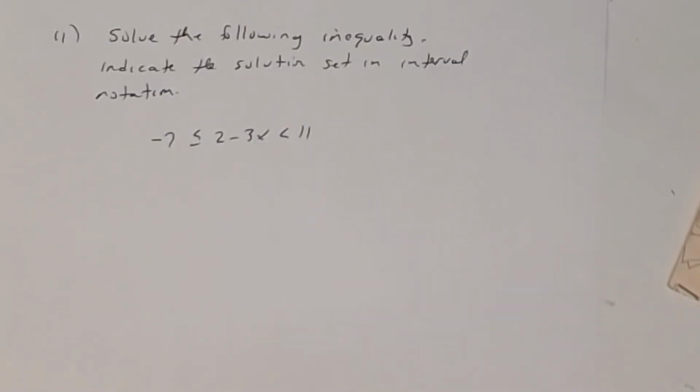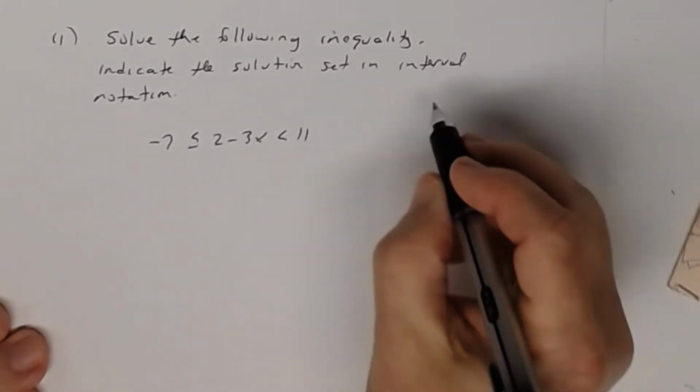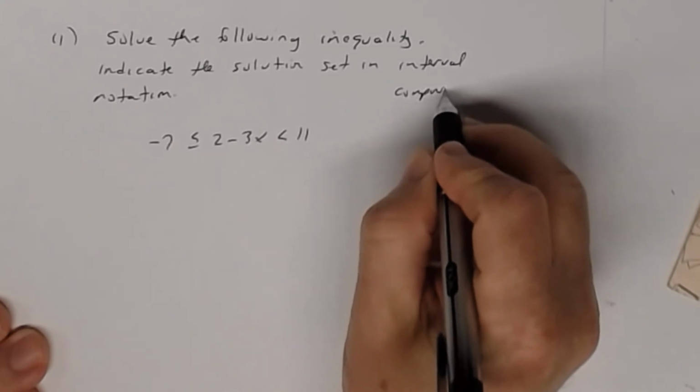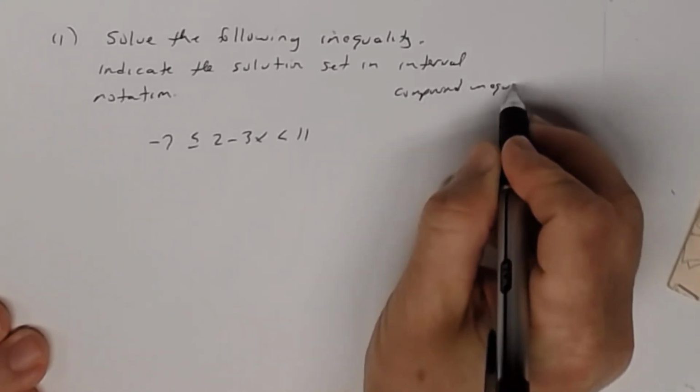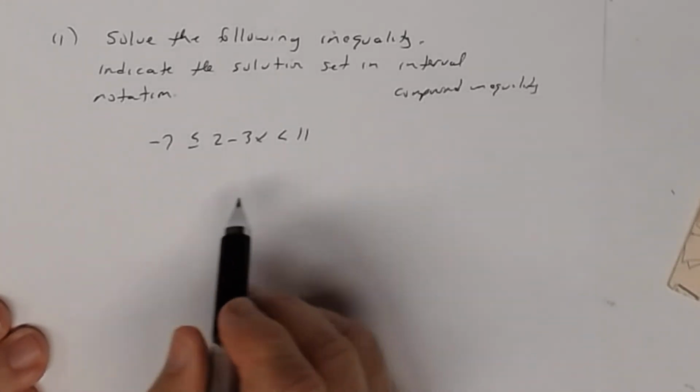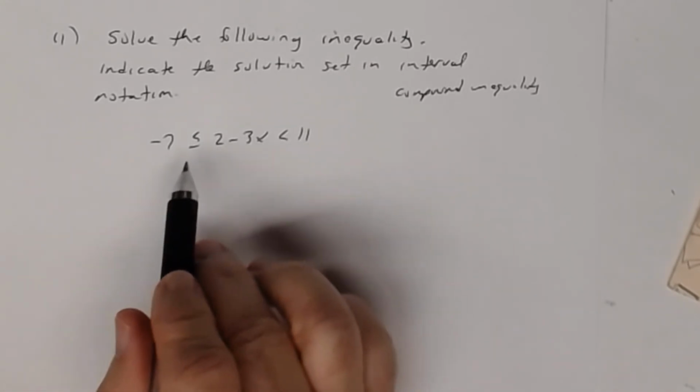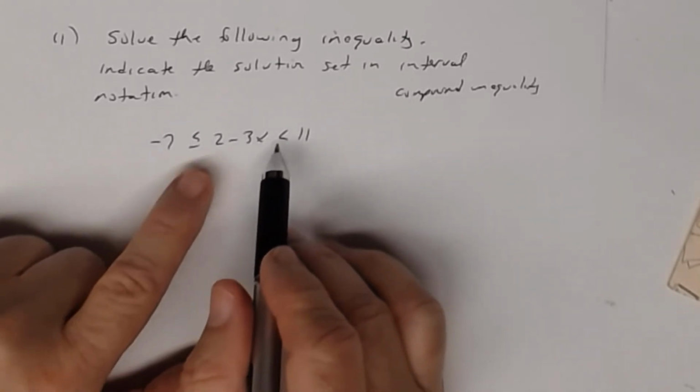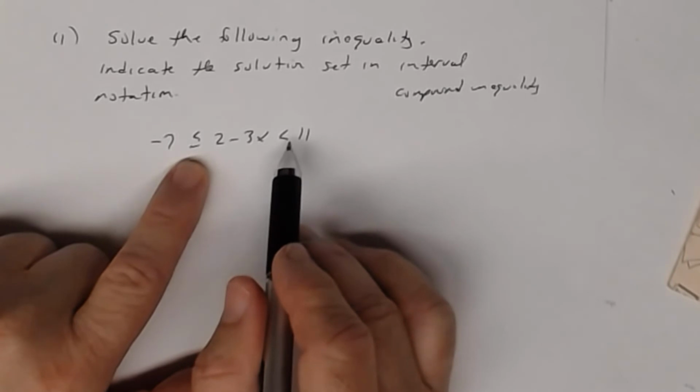Okay, so here's number 11. You want to solve this inequality, and this happens to be a compound inequality, by the way. What makes this particular inequality a compound inequality is the fact that you see more than one inequality symbol.